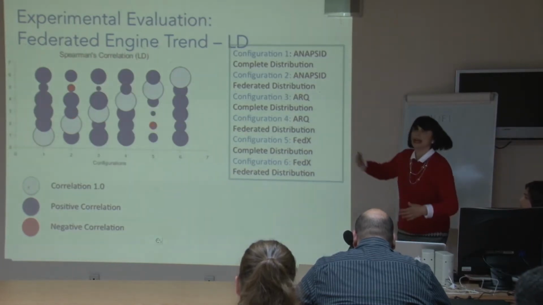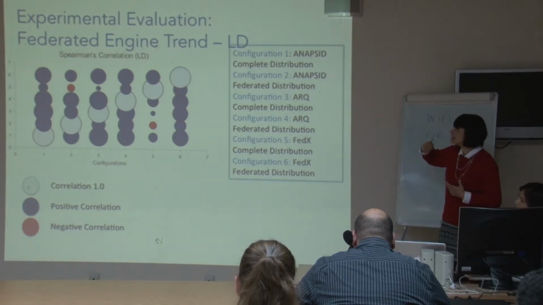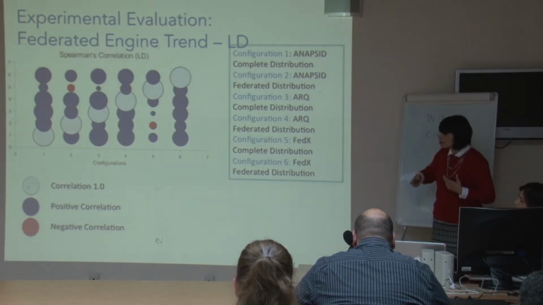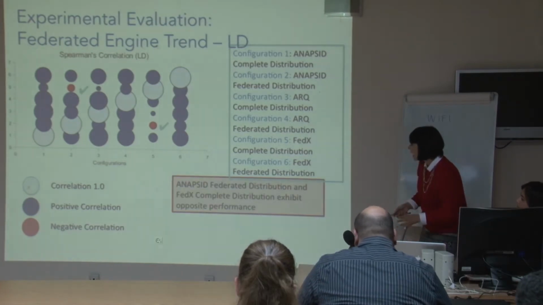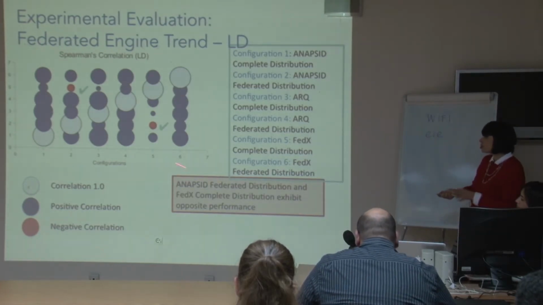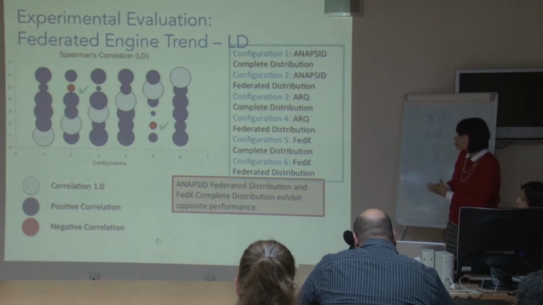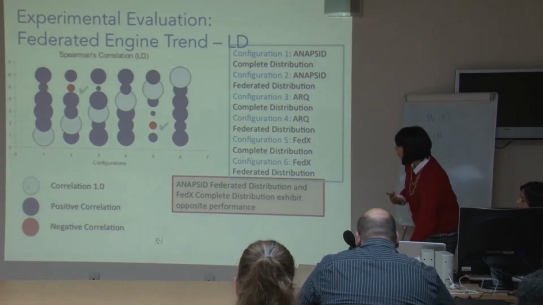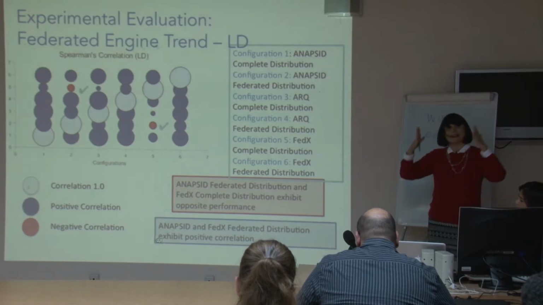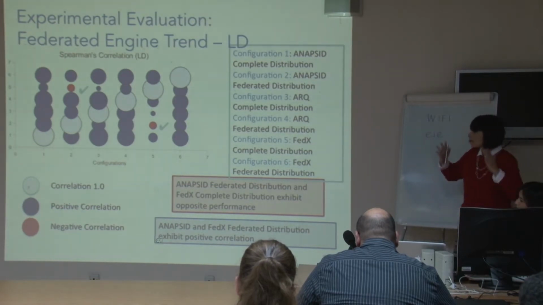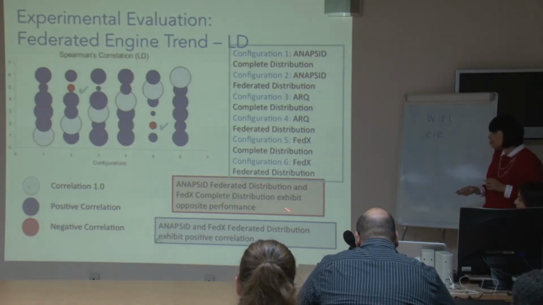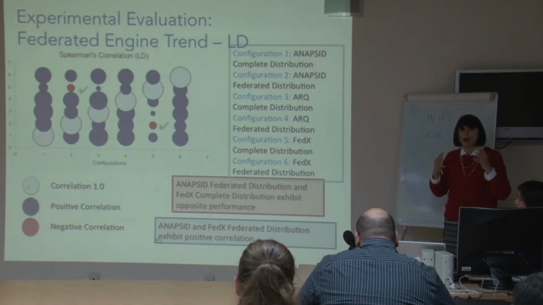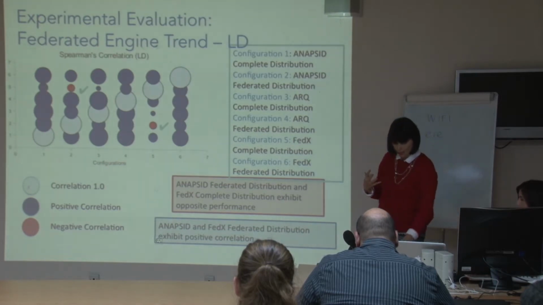So I go to the other group of queries offered in this benchmark, and I see a similar performance. See, again, an ASIP federated distribution and FedEx complete distribution exhibit an opposite performance, but the same correlation that I observed before. ASIP and FedEx federated distribution exhibit positive correlation.